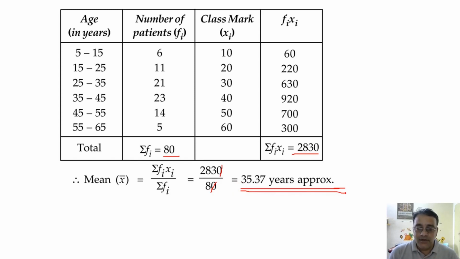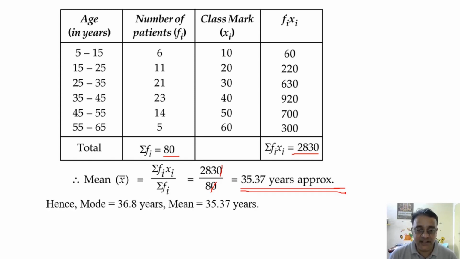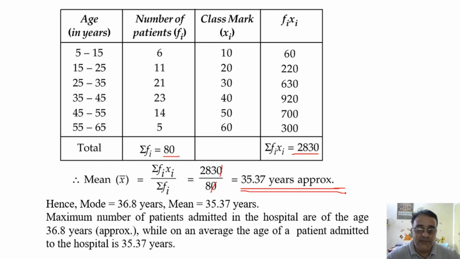So we got the mode and the mean, and our interpretation is that the mode is equal to 36.8 years, and the mean is equal to 35.37. What is mean? Average. So the average age of all the patients is 35.37, and the maximum number of patients admitted in the hospital are of the age 36.8 years.